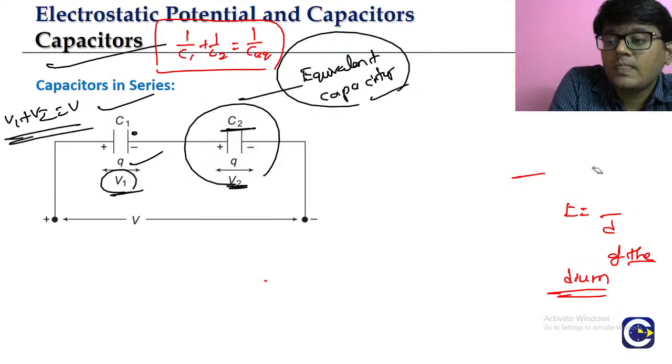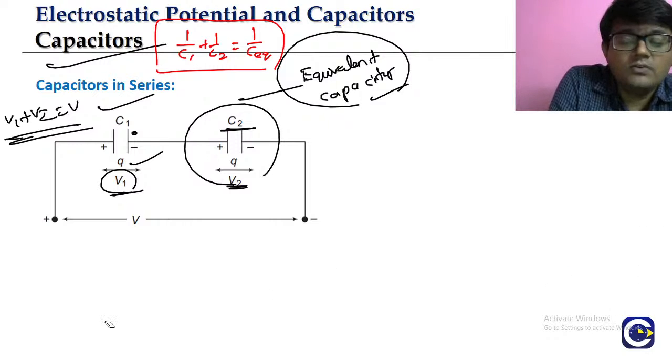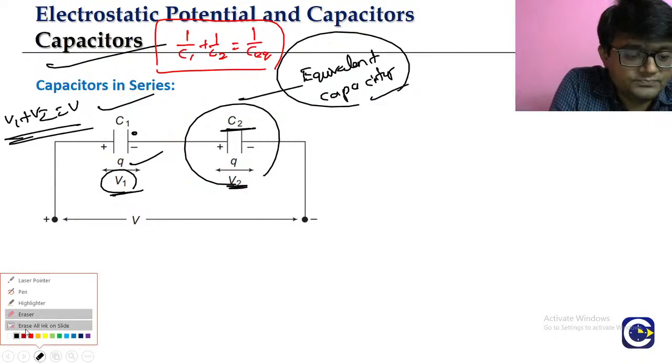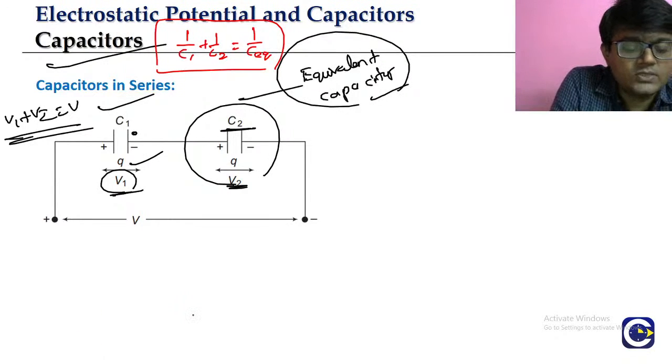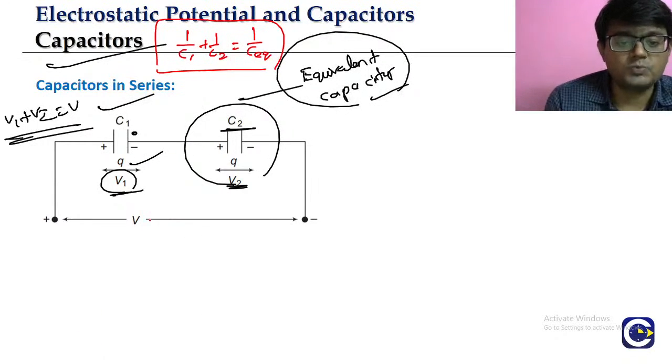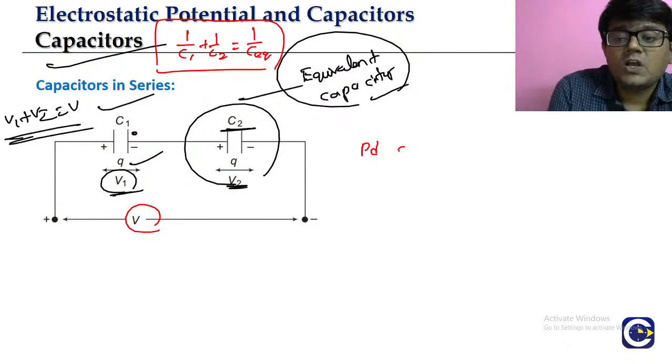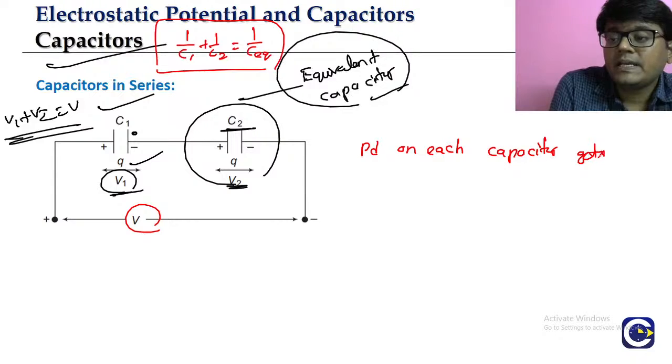So the potential difference across each capacitor becomes lesser and lesser in comparison to the source potential. The potential difference on each capacitor gets reduced in a series combination.